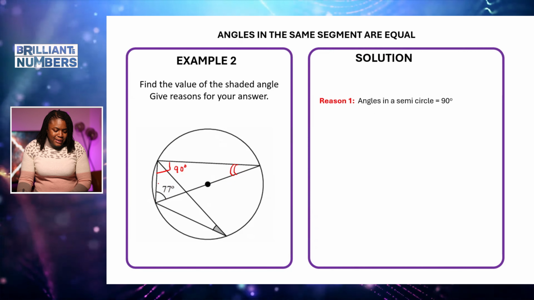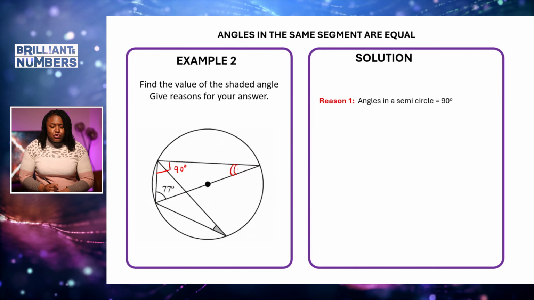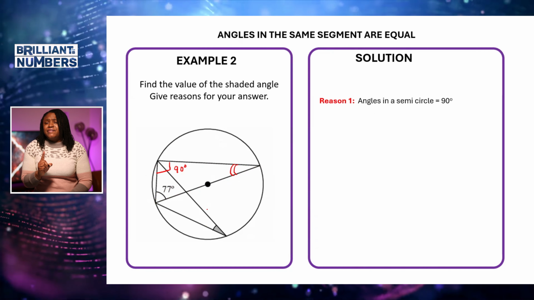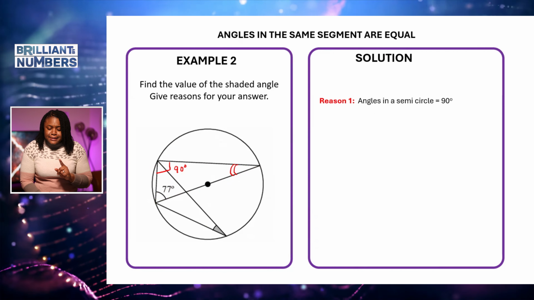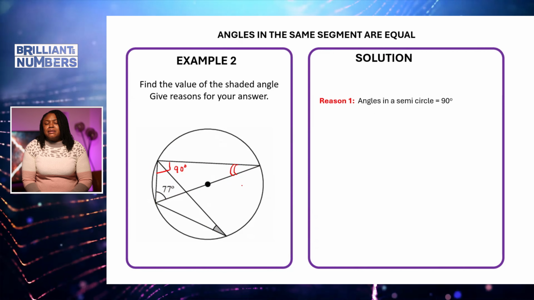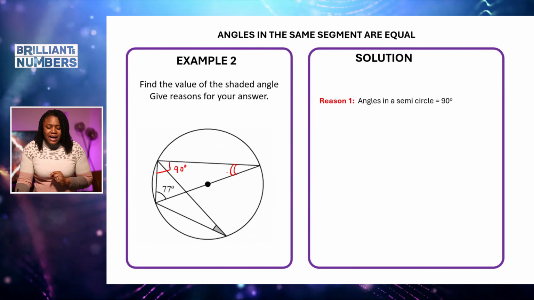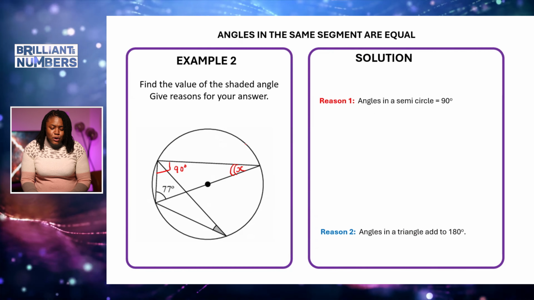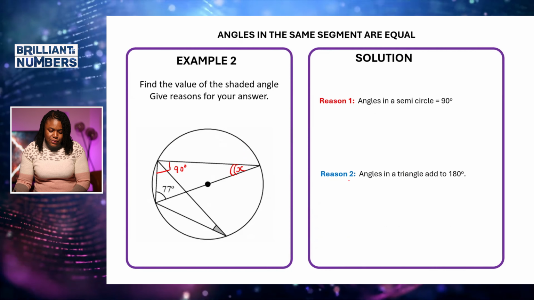Because I've got the segment here and this angle here is in the triangle that's coming off that chord, and also the one I'm asked to find comes off the same chord, which means that our second reason will be the angles in the same segment are equal. But before we can do that, we need to find the missing angle here, which I'm just going to call x. So I'm going for angles in a triangle add to 180 degrees.